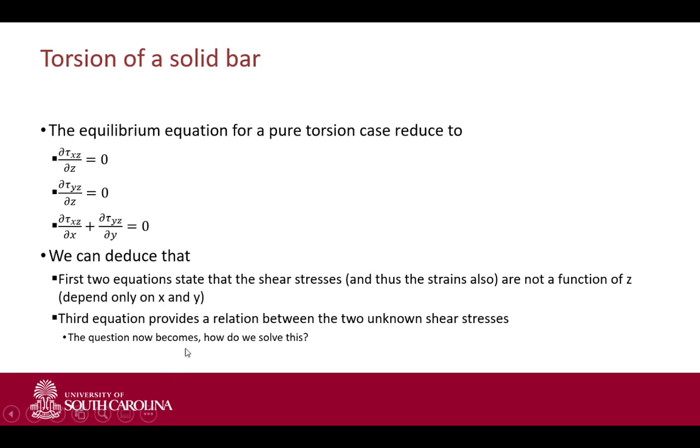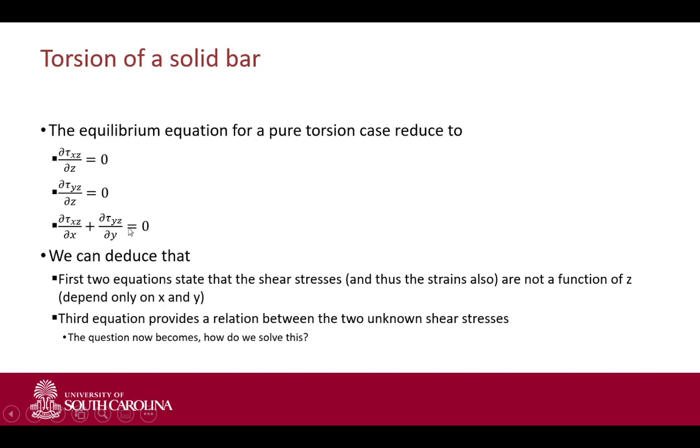Because again, we have tau xz here and tau yz here, and we already know from our first two equations that these two must be a function of x and y, but they also must have a certain relationship between them. If these two are functions of x and y, and we take the derivative of one with respect to x plus the derivative of the other with respect to y equal to 0, there must be some relationship between these two functions that ensures that this equation is valid.